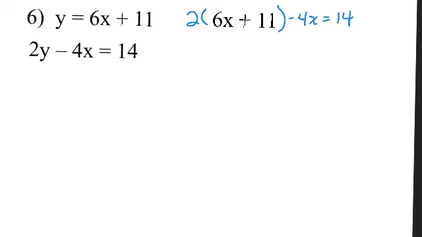Step 2, distribute. 2 times 6x is 12x. 2 times 11 is 22. Minus 4x is equal to 14. What's step 3? Step 3, we're going to combine like terms.